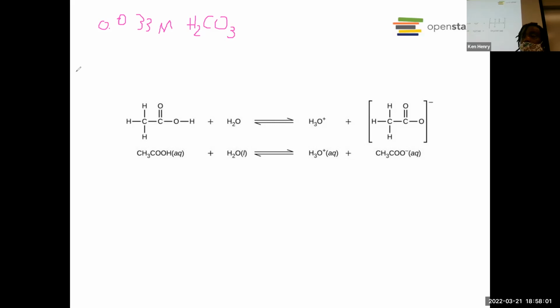And let's assume that we have Ka1 equals 10 to the minus 6, and then we have Ka2 equals 10 to the minus 13.